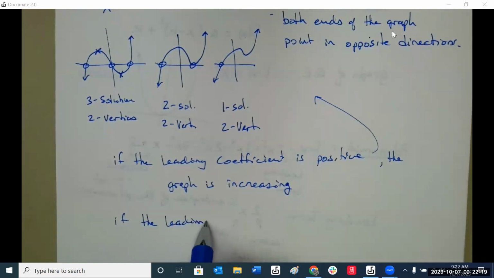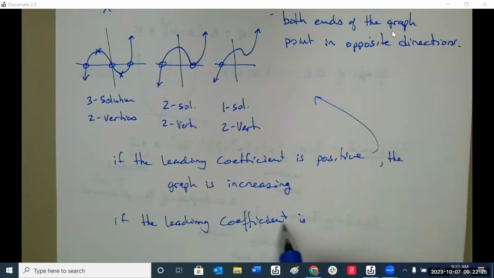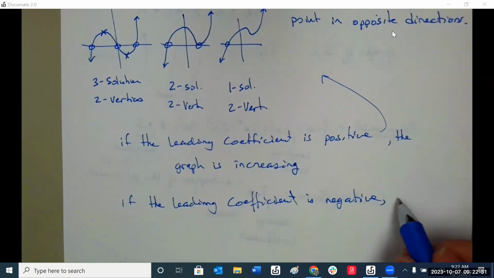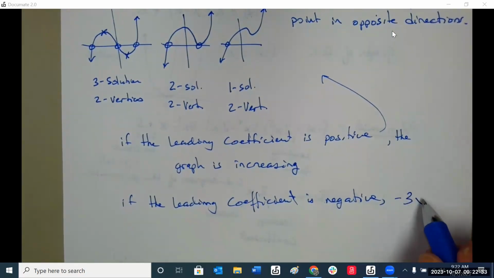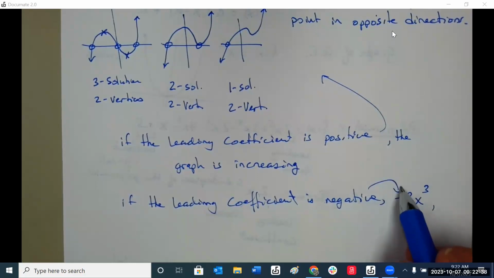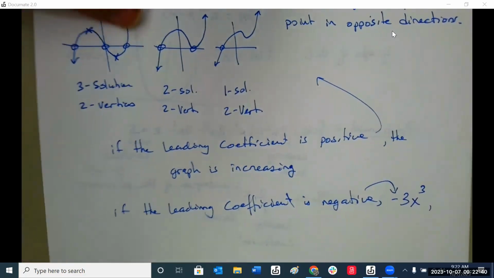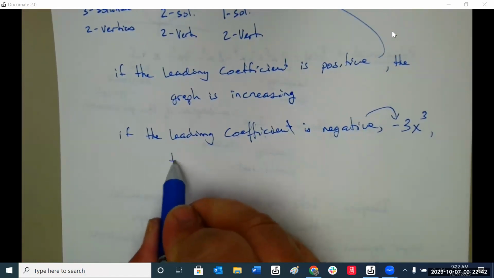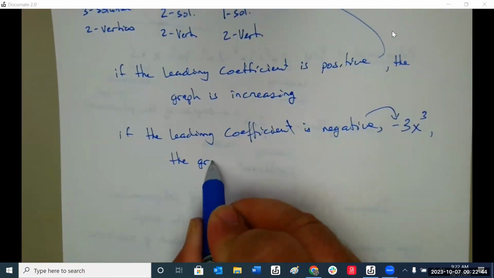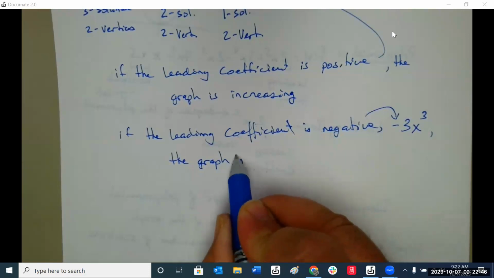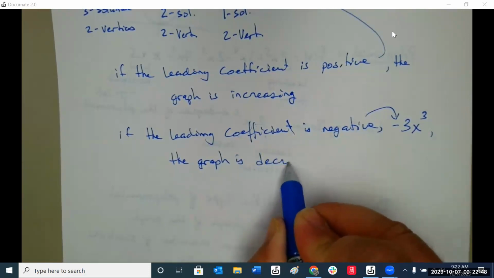If the leading coefficient is negative, in other words, if we had something like this, the graph is decreasing.